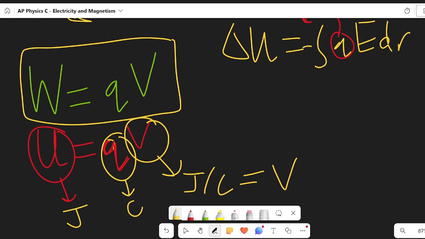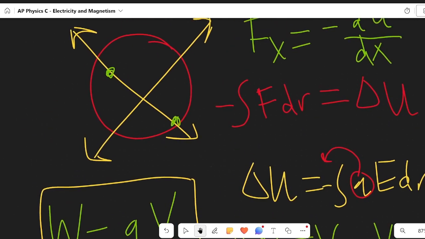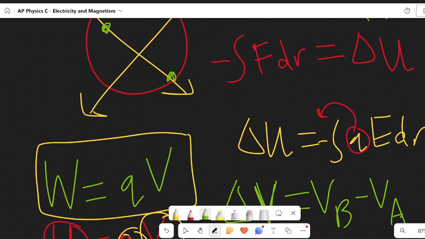So now let's go over the electric potential difference. In this case, we can simply apply our formula from earlier. We'll say that delta V equals VB minus VA.